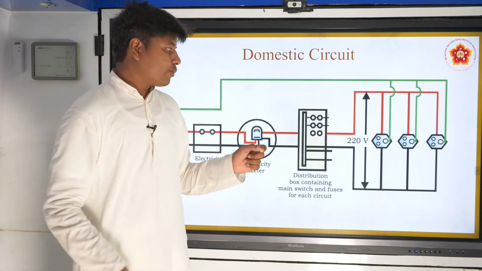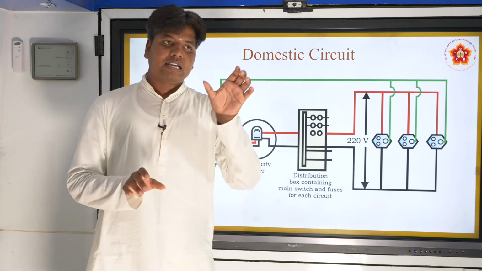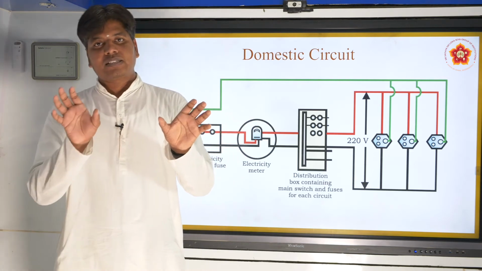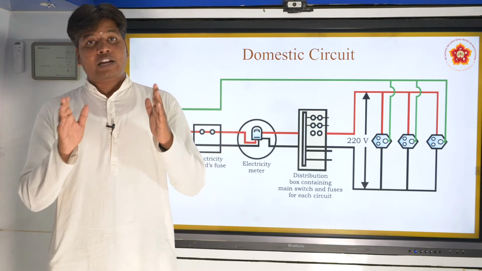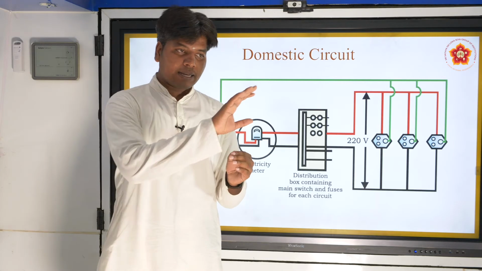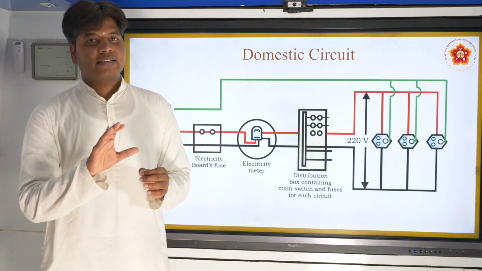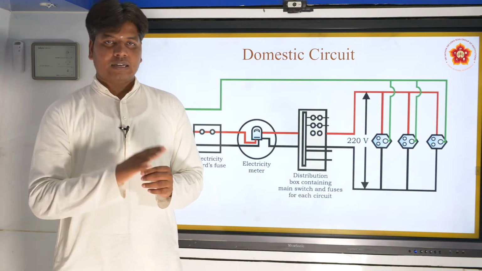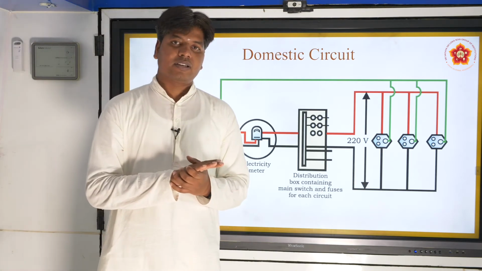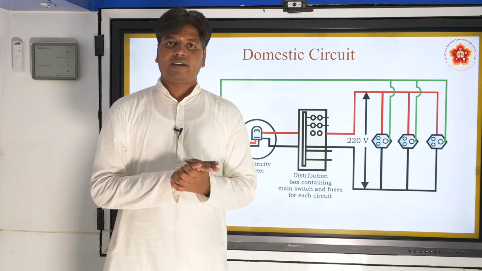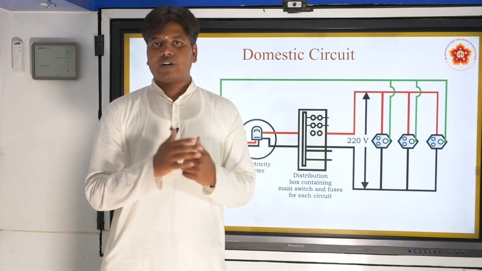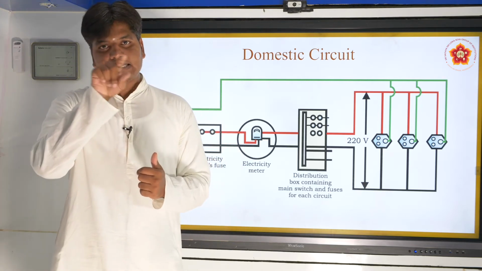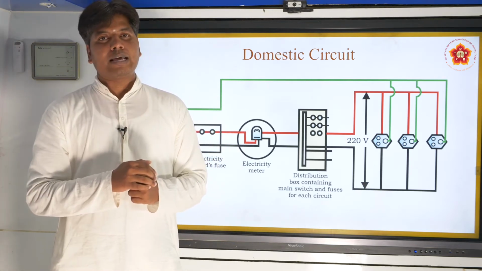So to separate that, we have 15 amps as one circuit for the heavy devices, and 5 amps as another circuit. And all the appliances are connected in series or parallel. Just think about it. If you want to switch on a fan and I don't want a light, and both are attached in a series connection, what happens?